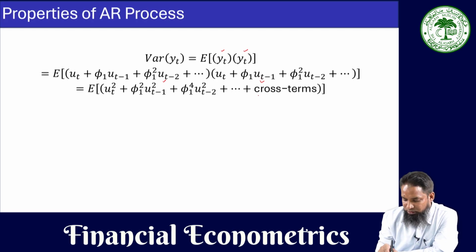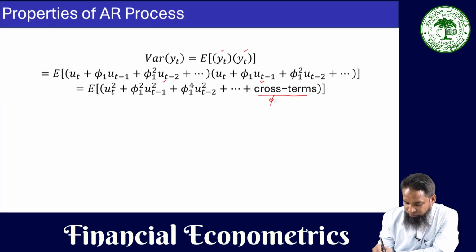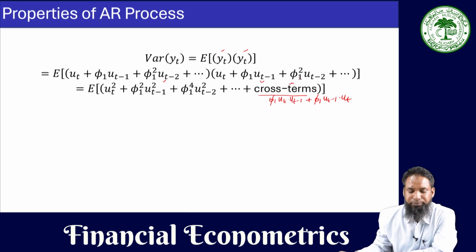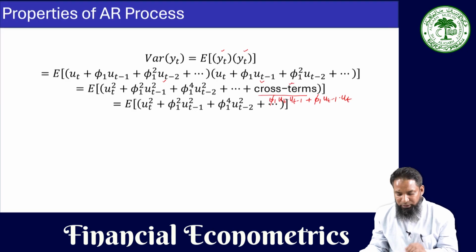So all these terms include, for example, phi 1 ut into ut minus 1, and similarly phi 1 ut minus 1 into ut. So all the cross terms are included here. So we can write like this.